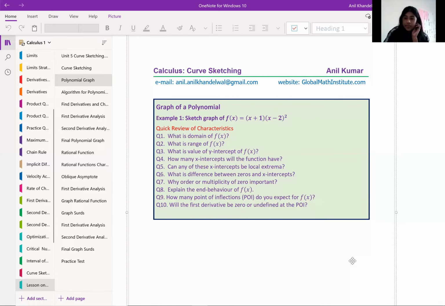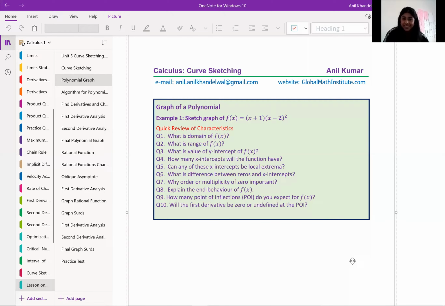Perfect. We have also talked about question number 8, which is end behavior. Question number 9 is, how many points of inflection do you expect for this function? 1. Why? Because the degree is 3. Good. So if that's a cubic, we talked about how every cubic function will have only 1 point of inflection.